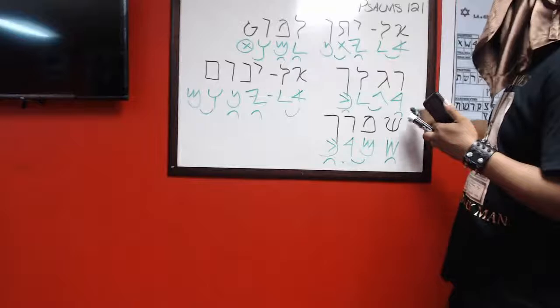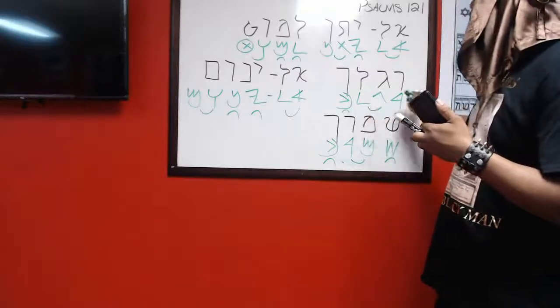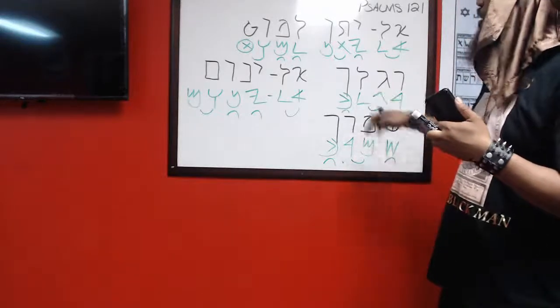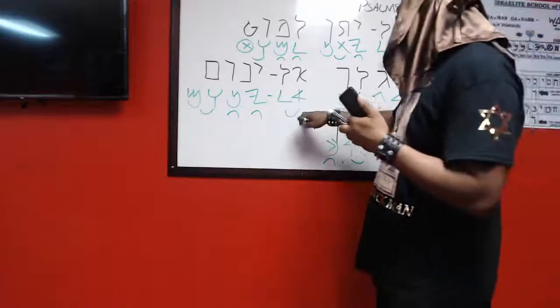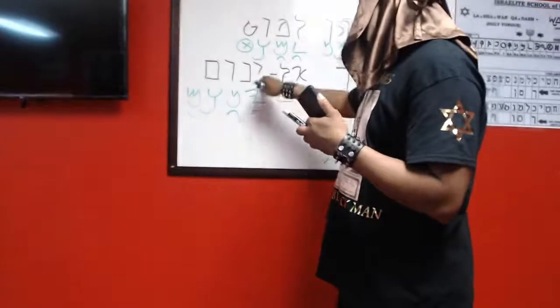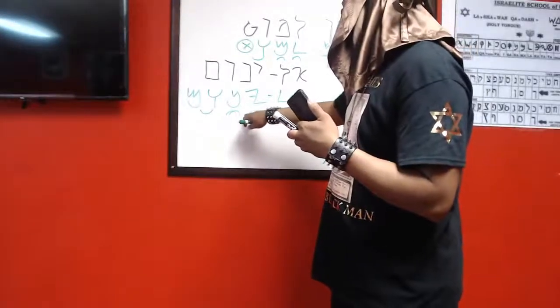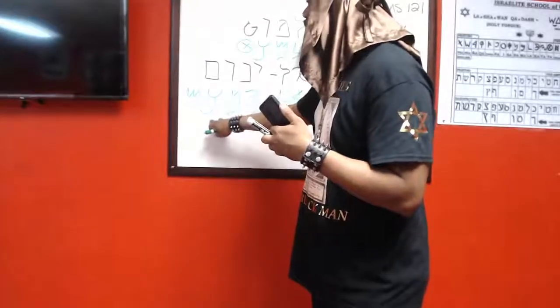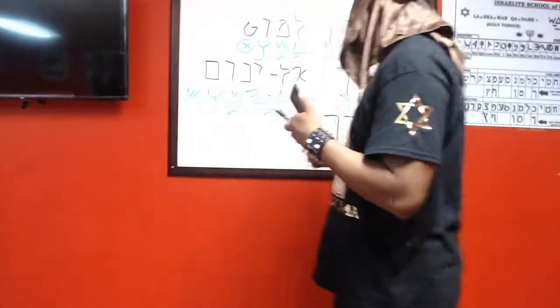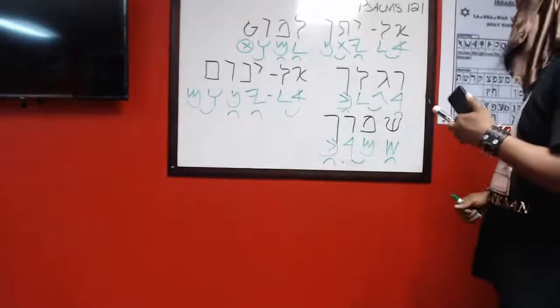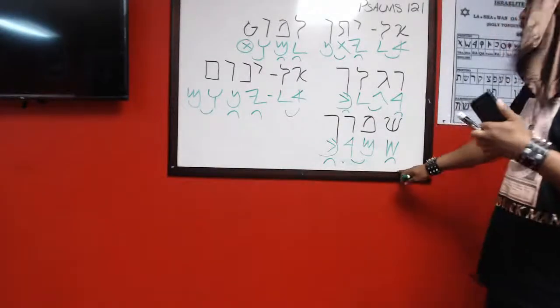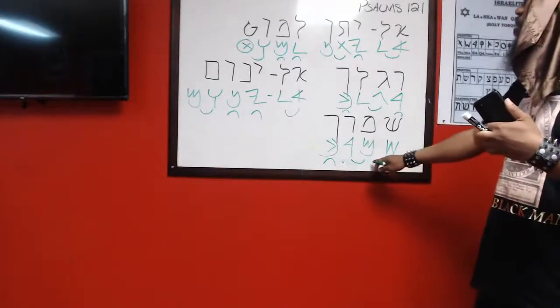And then Regalka, then Al, then Yamawam. Okay, then Shamarka.